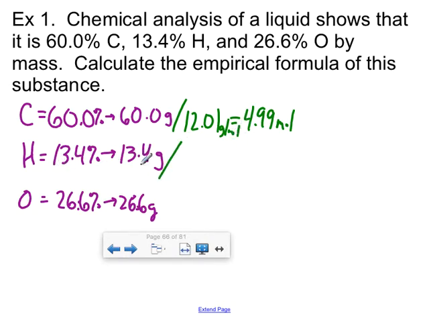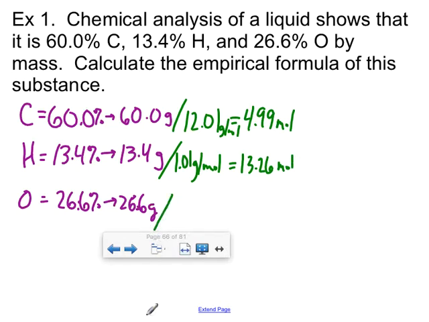Hydrogen, 13.4 grams of hydrogen. I'm going to take it divided by its molar mass. Molar mass of hydrogen on my periodic table is 1.01. So 13.4 divided by 1.01, I get 13.26 moles.